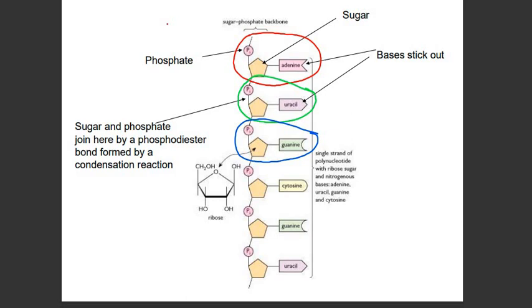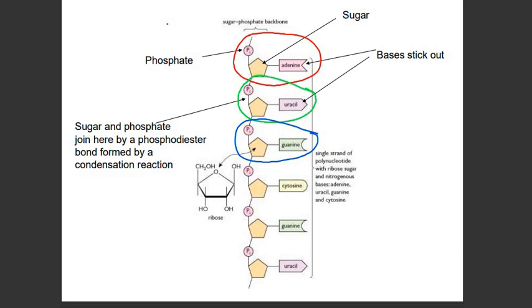You should remember how a pentose sugar looks. If this is an RNA strand, this is how the sugar is going to look. I've just written the shortcut. This is called the skeletal structure of the sugar molecule. Then they're saying the sugar and the phosphate join here by a phosphodiester bond.